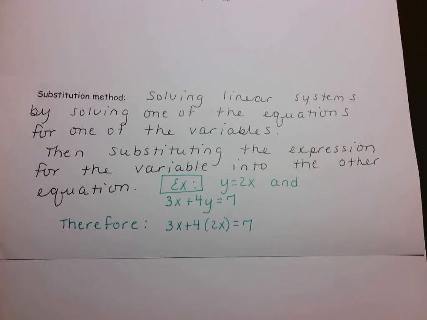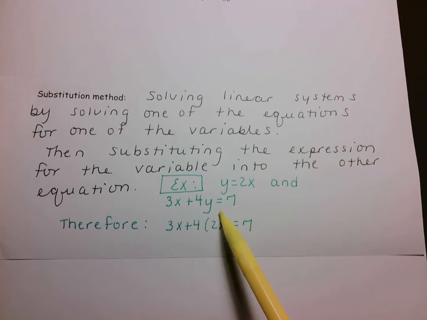So for example, if I say y equals 2x and 3x plus 4y equals 7, these are two separate equations for two different lines. But if I graph them both on the same coordinate plane, I will notice they will have a point of intersection.